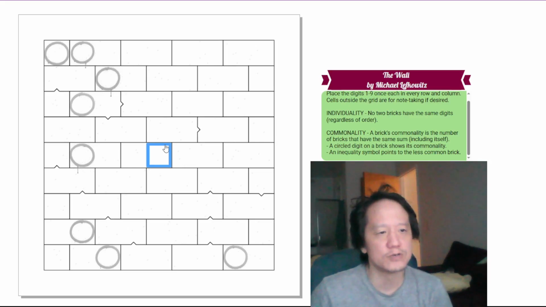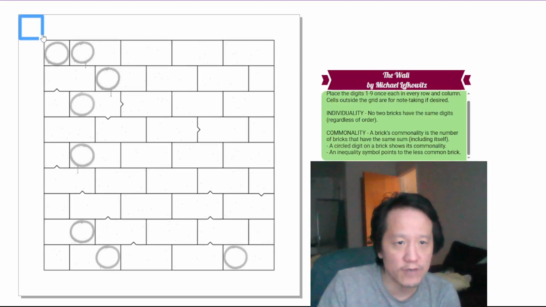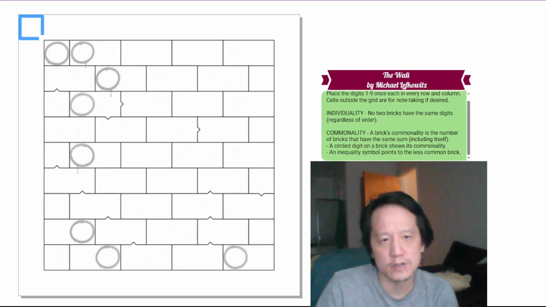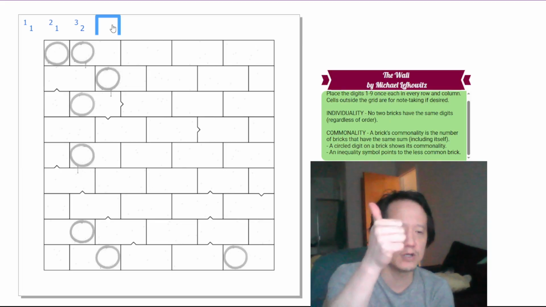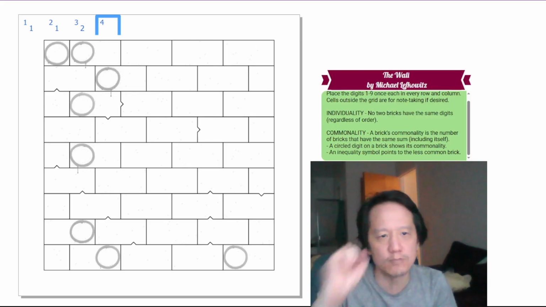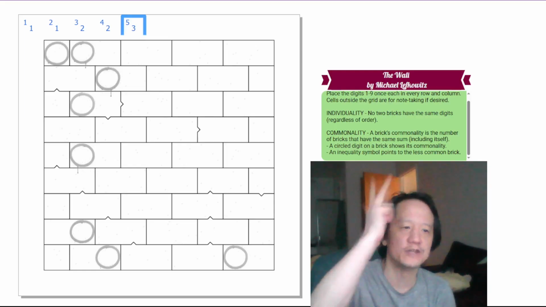Sum 2 also has only one commonality. For 3, you have 2 possible commonalities, because it could be 3, and 1, 2. 4 has 2 commonalities: 4, and 1, 3. 5 has 3 commonalities: 5, 1, 4, and 2, 3.